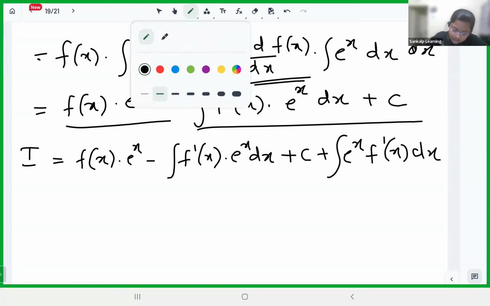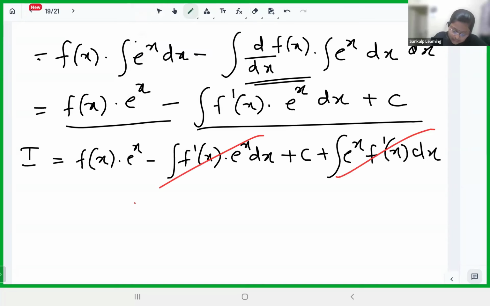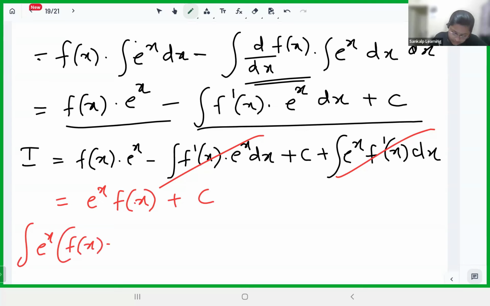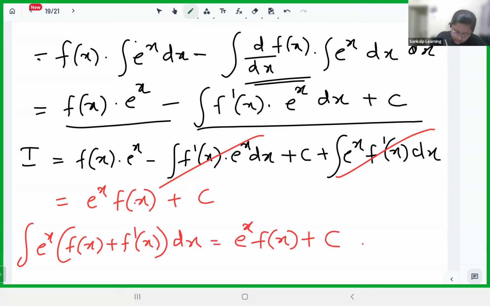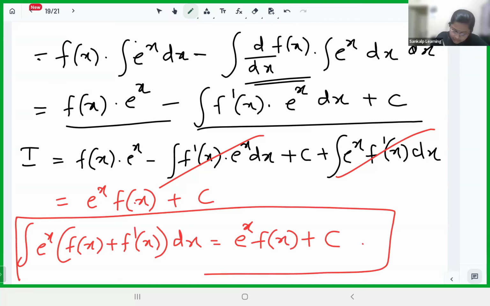So here you can see that these two terms get cancelled. So what is remaining here? e raised to x into f of x plus c. So I, which is the integral e raised to x into f of x plus f dash of x dx, is e raised x into f of x plus c.